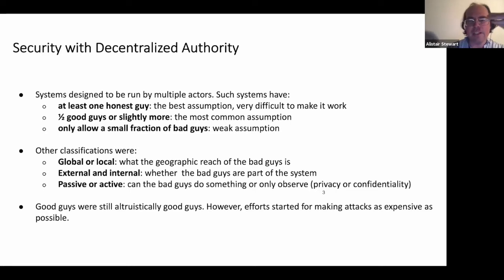Normally, we'd assume that half of people are honest, or 2/3 of people are honest, or something. And for a proof-of-stake system, this is going to be within the system. And so we'd have to assume that some people are honest. And frequently, this would be the assumption we have to make.